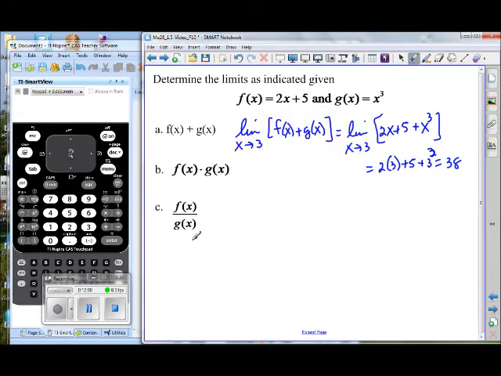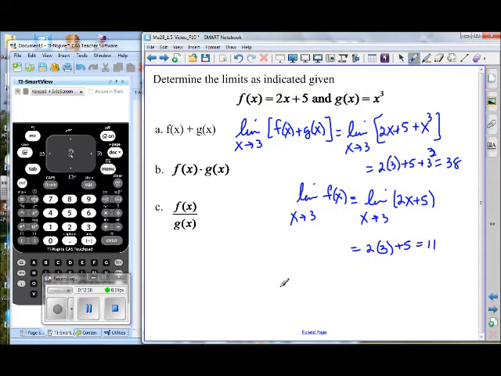Okay. Now another way we could do this would be to say, well, what's the limit as x approaches 3 of simply f of x? That'd be the same thing as saying the limit as x approaches 3 of 2x plus 5. Again, that's a polynomial function. I can use direct substitution, and we have 6 plus 5 is 11.